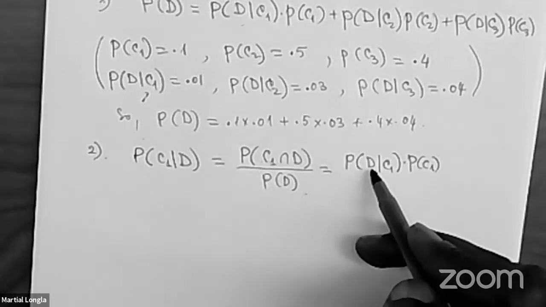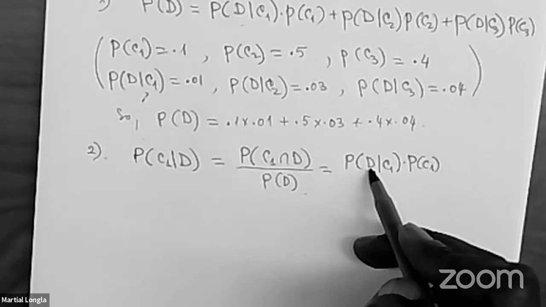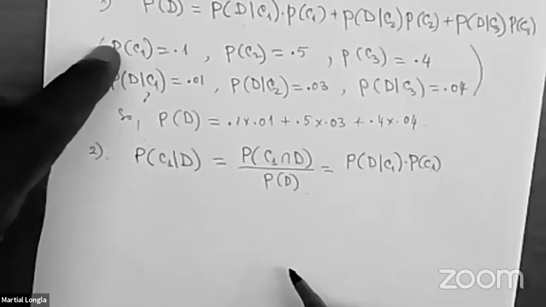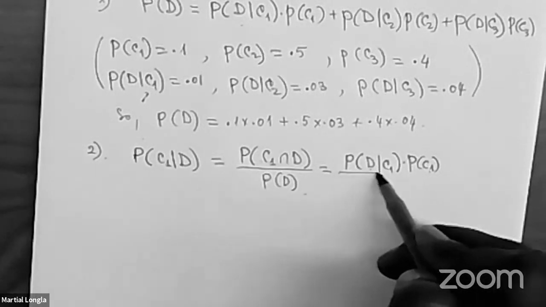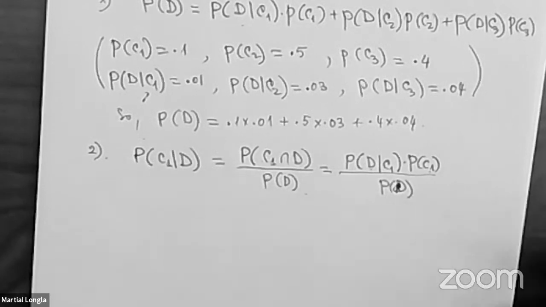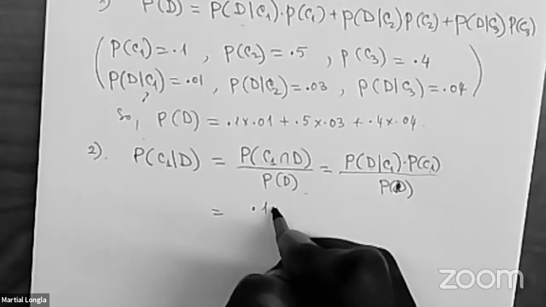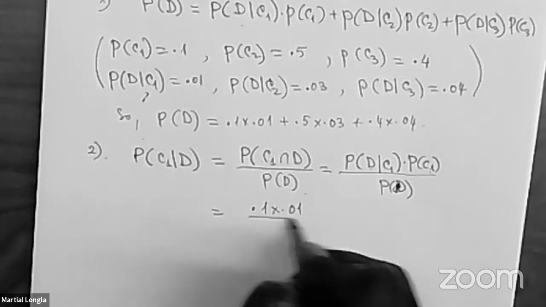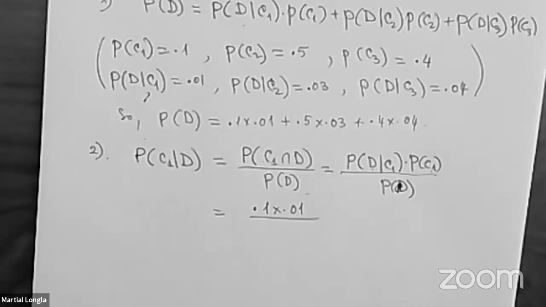I know the probability of B given C1, it's right here. I know the probability of C1, it's right here. Over the probability of B, which I already computed. So that is going to be 0.1 times 0.01 over whatever this is. Could anybody compute that?